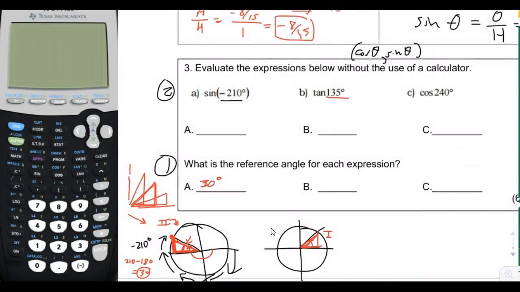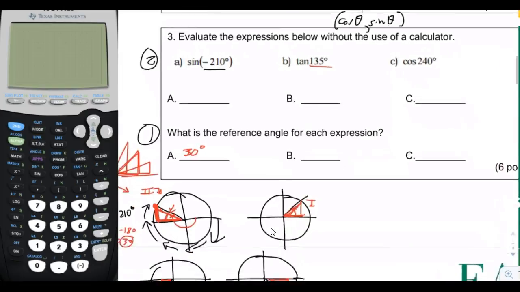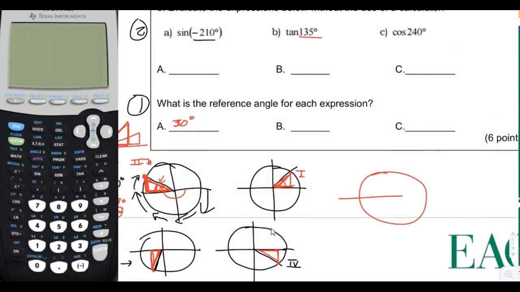What about tangent of 135 degrees? Let's draw a picture of that. Tangent of 135 degrees is going to be, you're going to go from 0 to 135, which would put you about here. How far past 90 would you go? Well, 135 minus 90 is 45 degrees. So that would be straight diagonal, right?